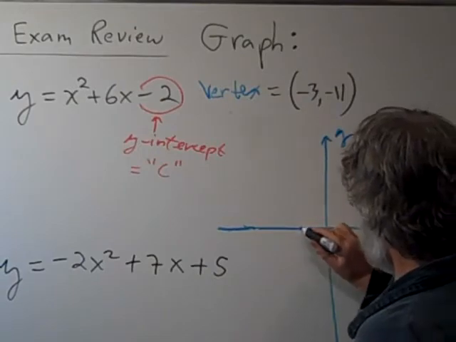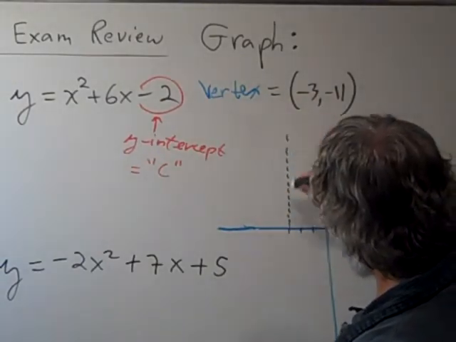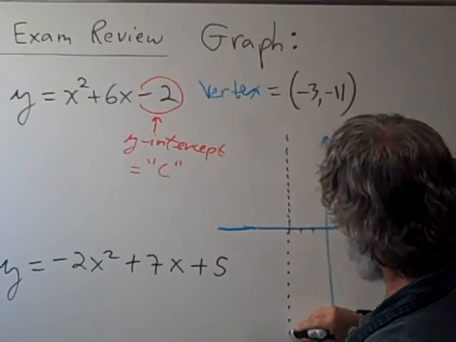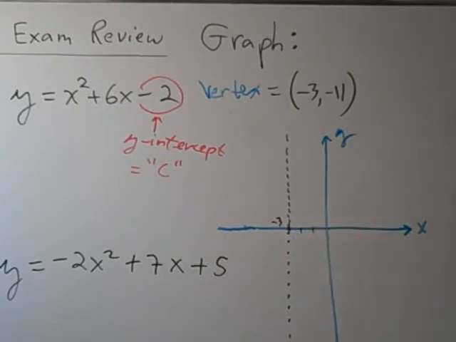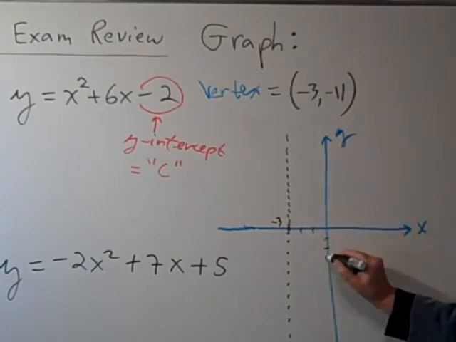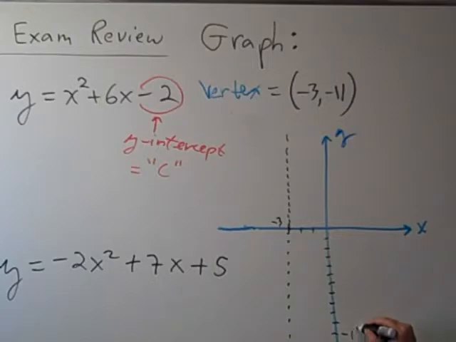Negative 1, negative 2, negative 3. This is the center, the line of symmetry of the parabola and the x-coordinate of the vertex. And negative 11, so 1, 2, 3, 4, 5, 6, 7, 8, 9, 10, negative 11. There's our vertex.